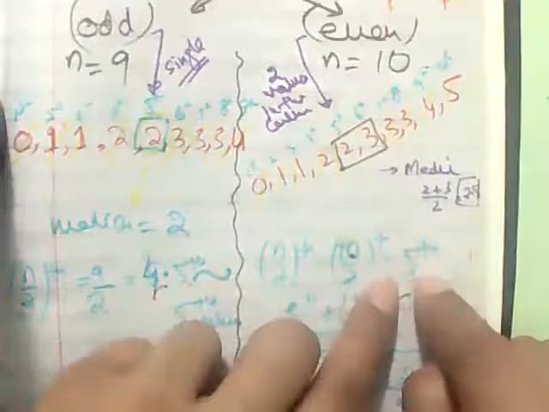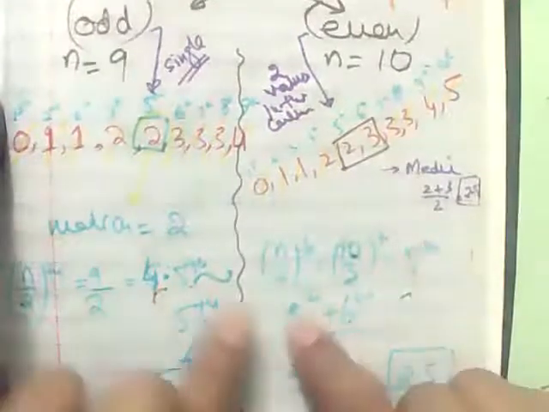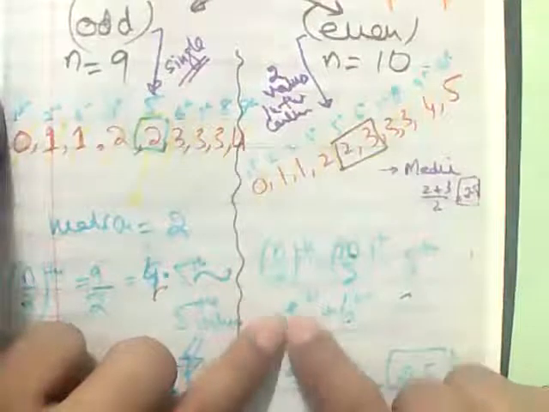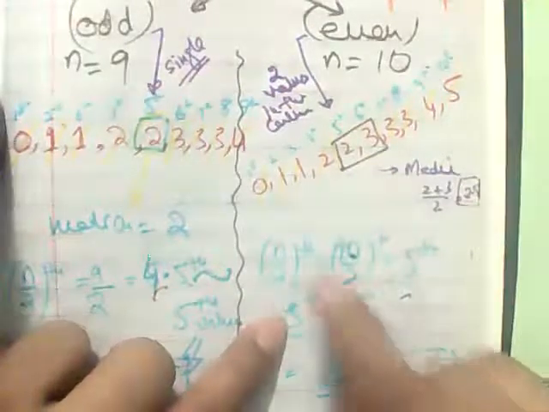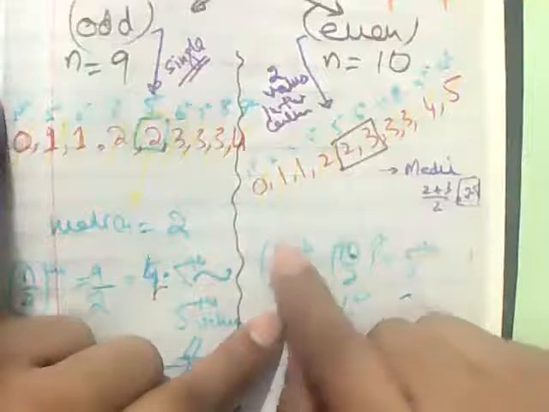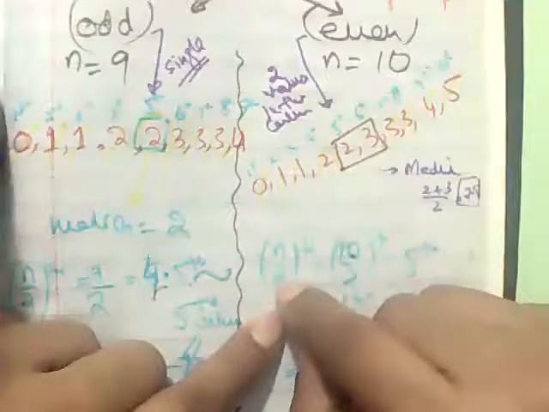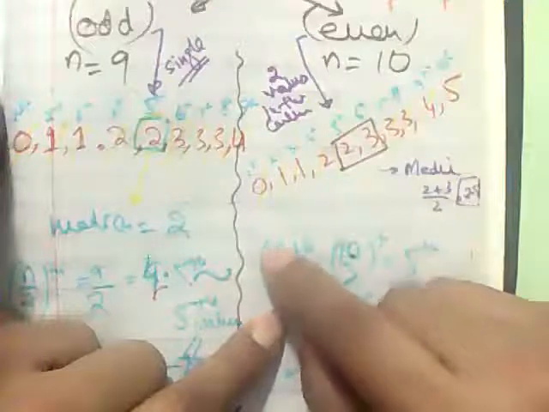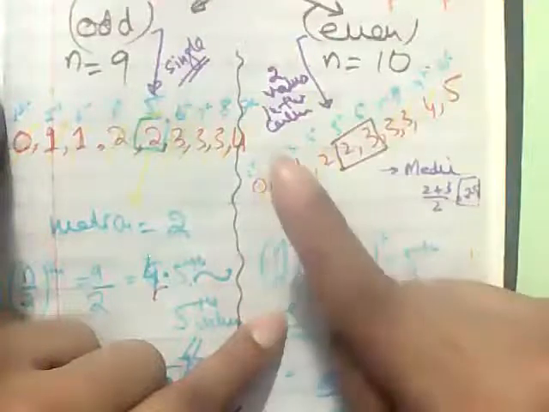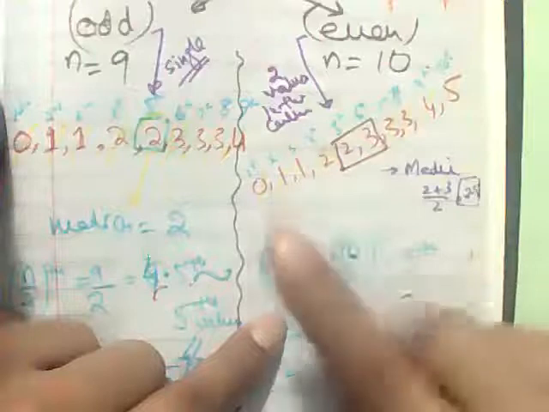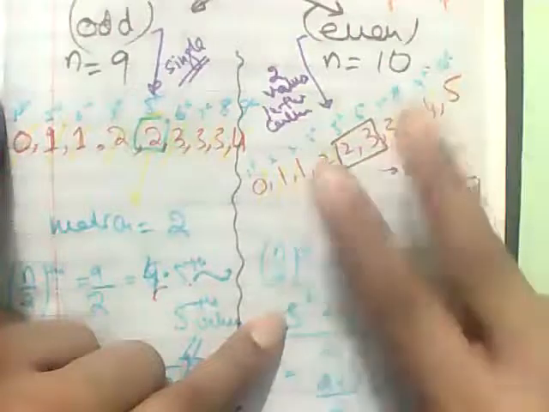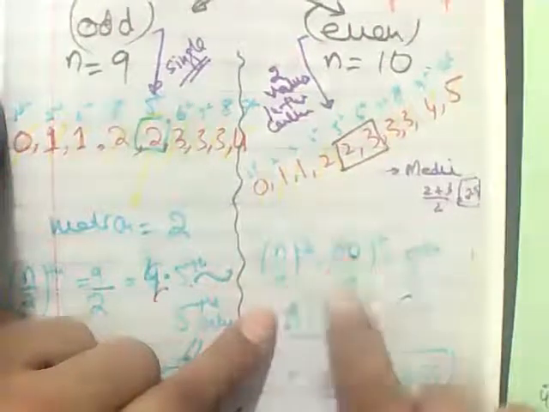So whatever answer comes, take that value plus the next value. For example, if you have 20 here, 20 divided by 2 is 10. So I should take the 10th value and the 11th value, divided by 2.